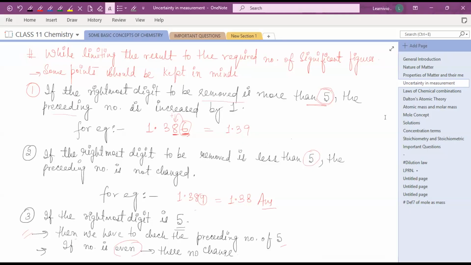Most important topic of this chapter is stoichiometry, right? Concentration term, mole concept, and stoichiometric calculation. Questions came from there. Stoichiometric calculations like finding limiting reagents will come.